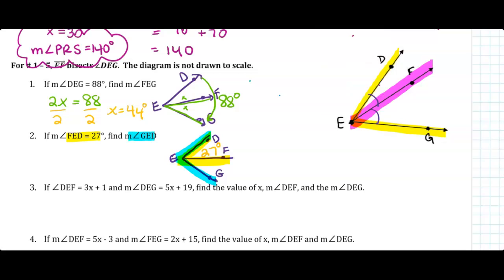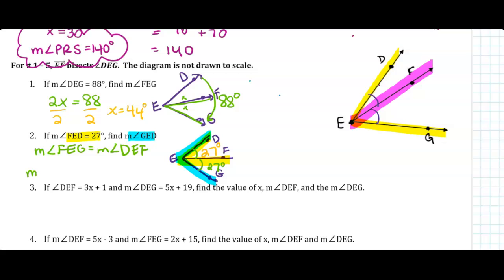Since I know that this angle is being bisected, I know that the measure of angle FEG is equal to the measure of angle DEF. So both of those angles are 27 degrees.